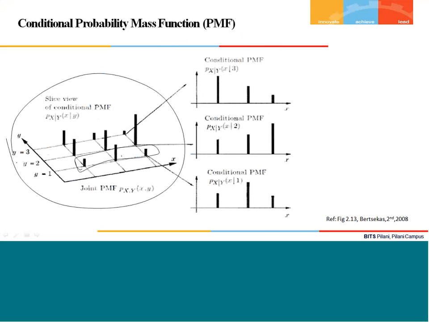So when y equals 1, I can take this probability and this probability, add them, and put them in the denominator as a summation.